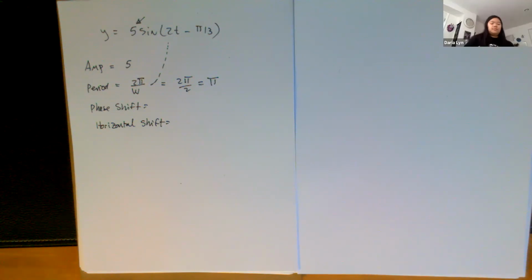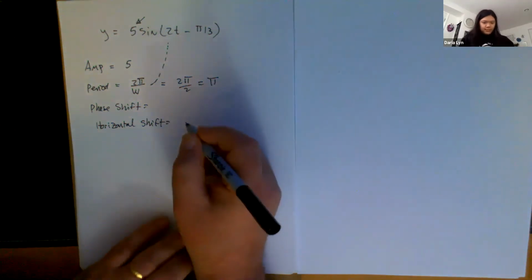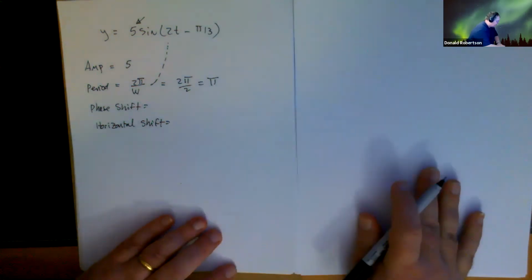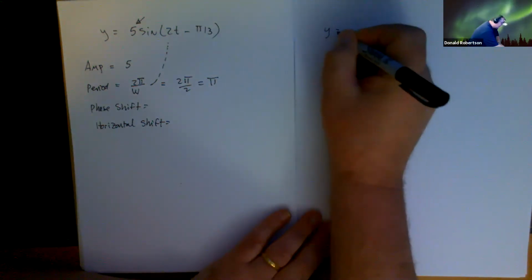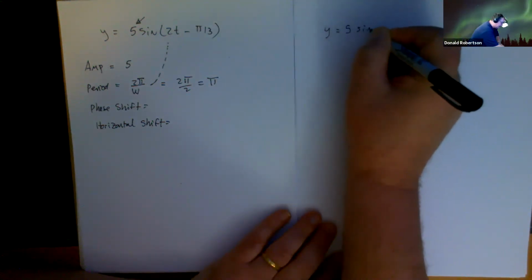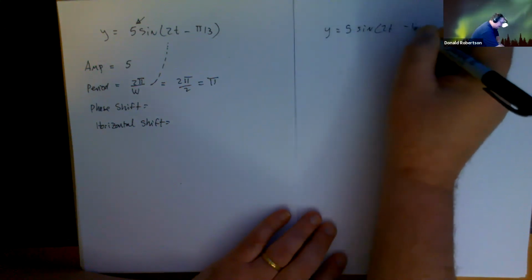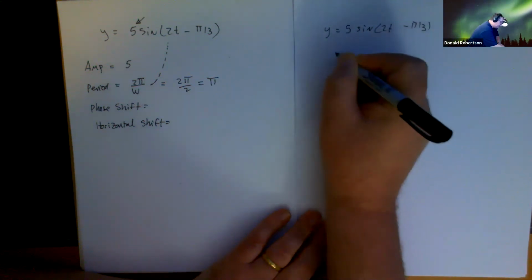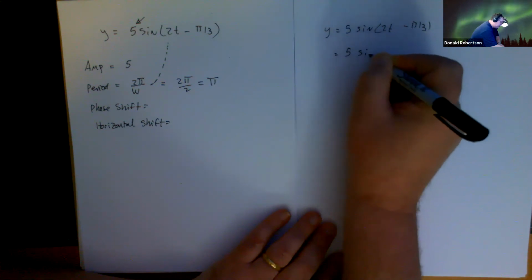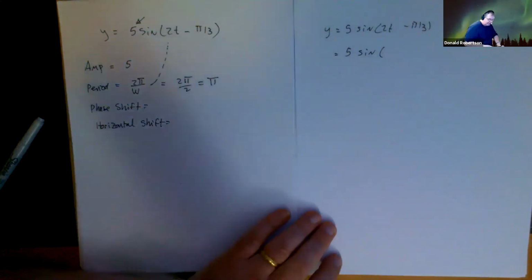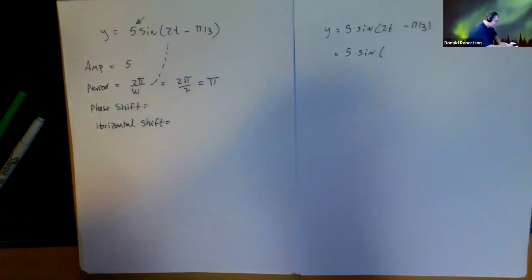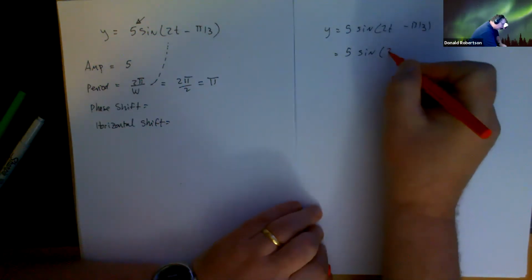Yes. Right, now, phase shift. There are two ways to tackle phase shift. They both get you the same answer. They're just different ways of looking at it. The first one is kind of mathematical, in the sense that you do a little bit of algebra. Whatever this number is, pull it out as a common factor.